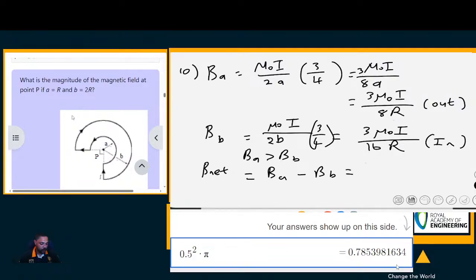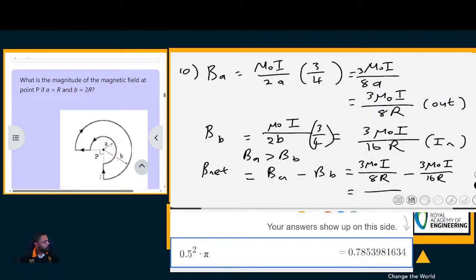Let me just do it the old-fashioned way then, and write the whole thing out. 3 mu naught I over 8R, minus 3 mu naught I over 16R.